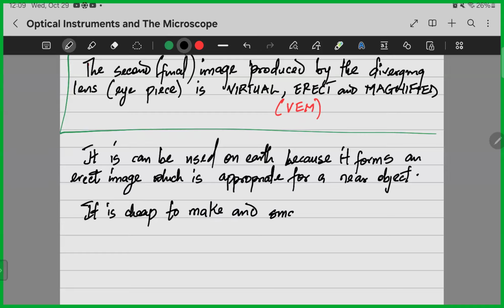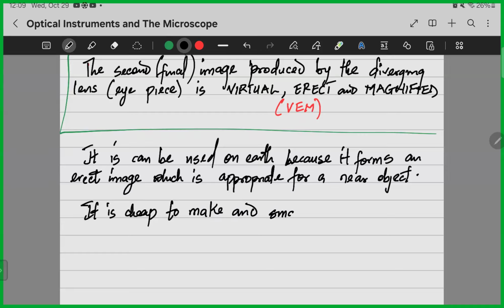You can point out that if you want to calculate the separation of the lenses, it is given by the focal length of the objective minus the focal length of the eyepiece.